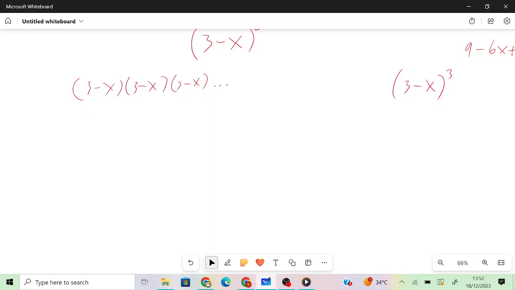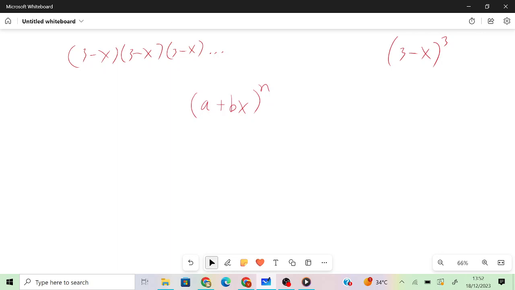So if I was to apply that formula, the formula goes something like this. Suppose we have a plus bx all to power n, where n is a very high power, let's say 4 and above, where a is a constant and b is the coefficient of x.